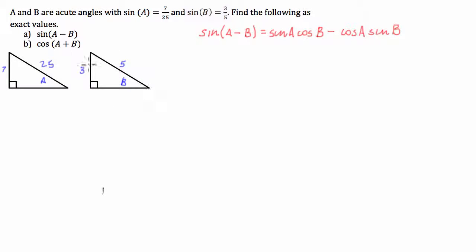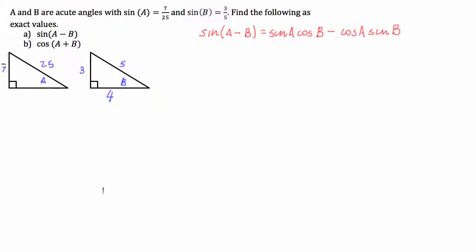We'll do this one first because it's the easier one. We can use Pythagoras: the adjacent side to angle B is going to be 5 squared, which is 25, take 3 squared, which is 9. So that is 16, and the square root of that is 4.